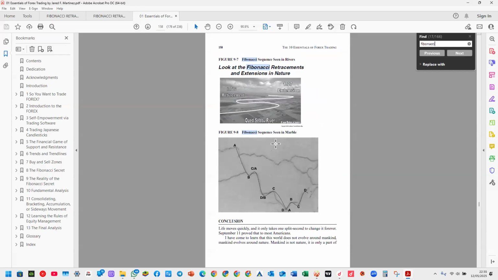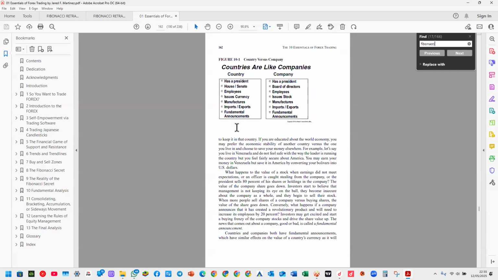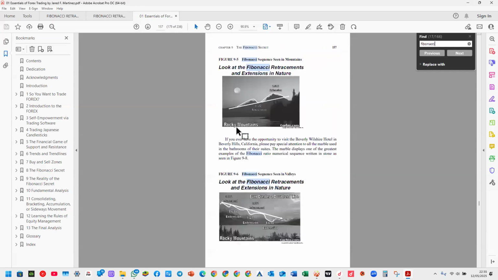These are not drawings. These are real life pictures of places that follow the Fibonacci. Which mountain is this? Rocky Mountains. Look at Kobe's.com. You can see the people that took the picture. They measure and they follow the Fibonacci sequence.